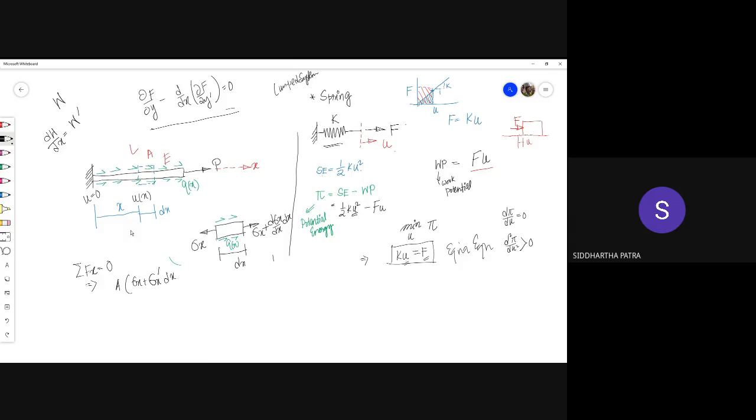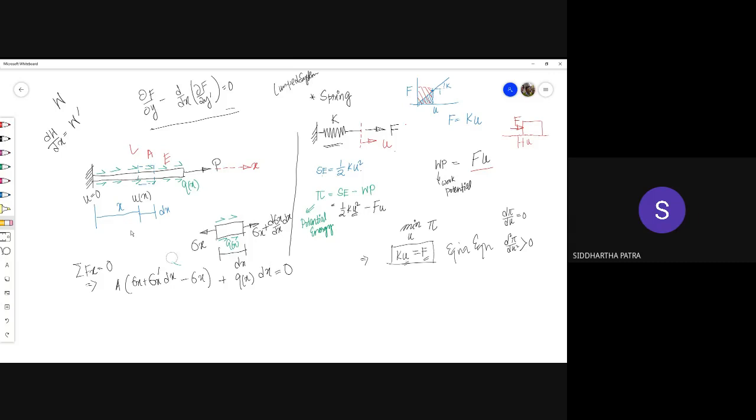So that is the force on the right hand side. On the left hand side, the force is sigma x times A, so hence minus sigma x A. Plus the force due to the distributed load, which is qx dx. That is the net force in x direction on this differential element, and that goes to 0.